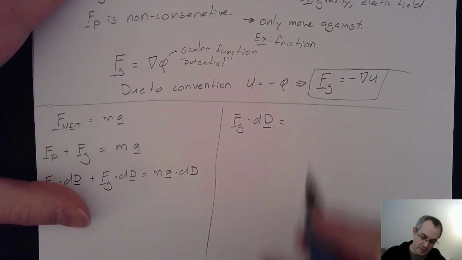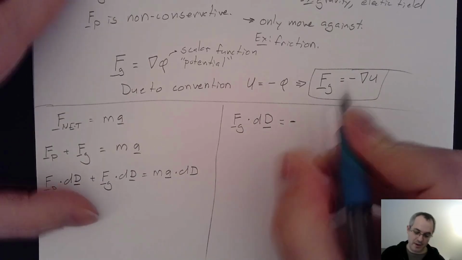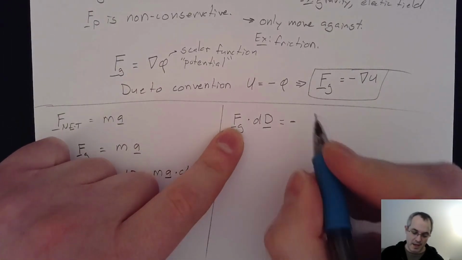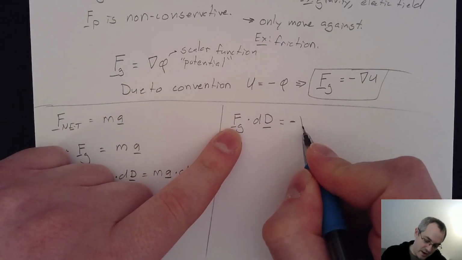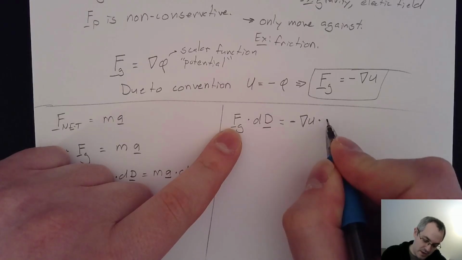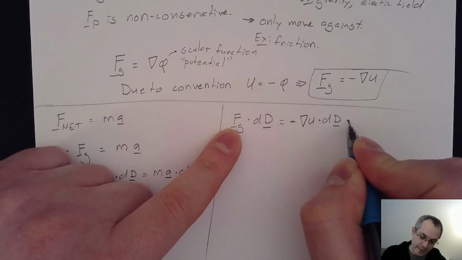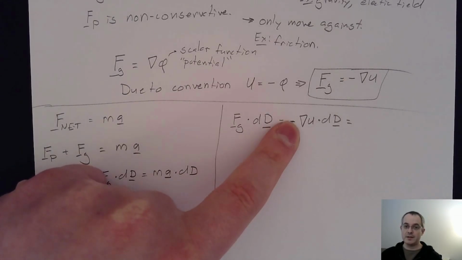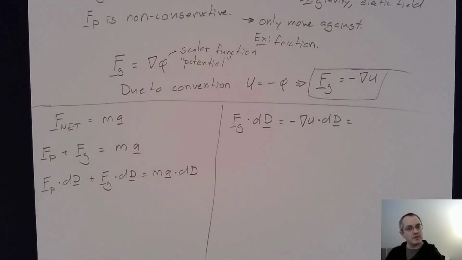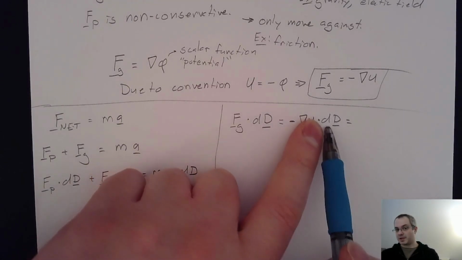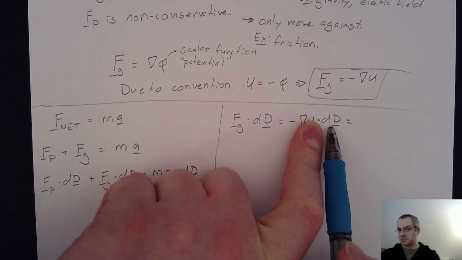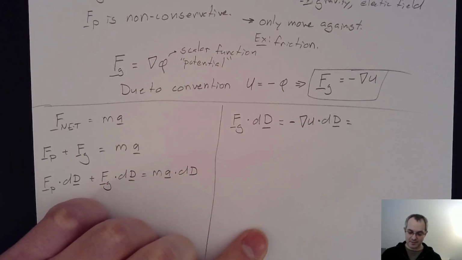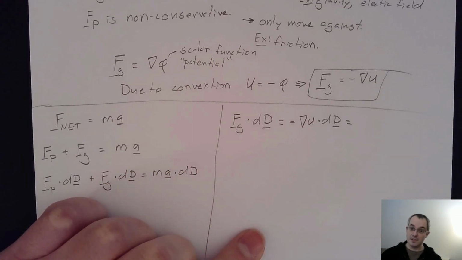So the naughty way would be that we just put in our definition for our conservative field, and we say that this is going to be negative grad U dot dd, and then we recognize that the gradient of U is kind of like a derivative with respect to distance, and this is multiplied by a bit of distance, so that the thing you're left with is dU, right?